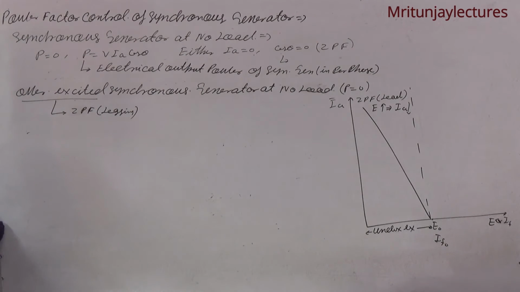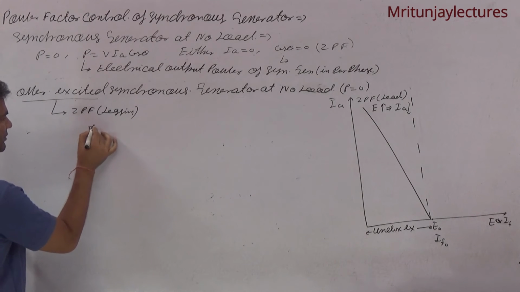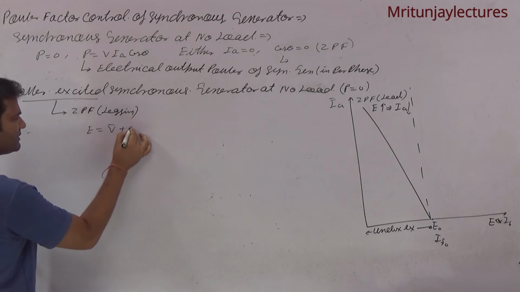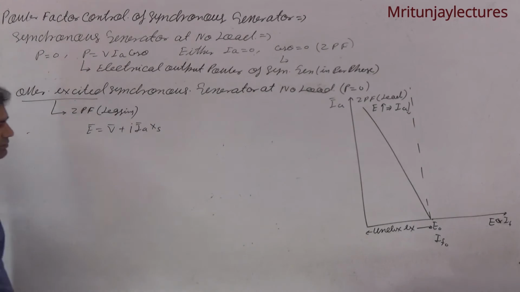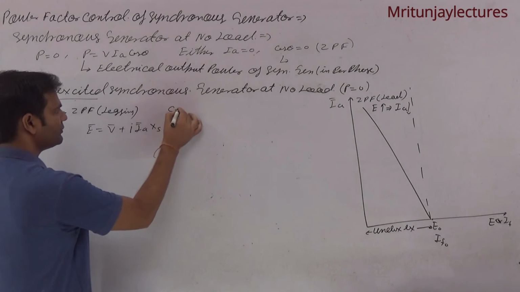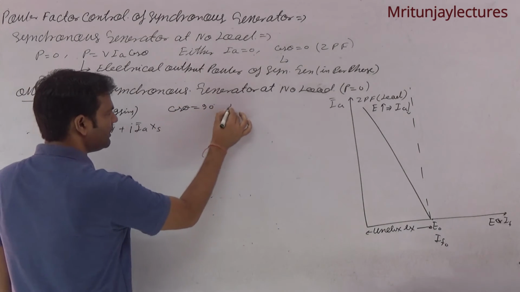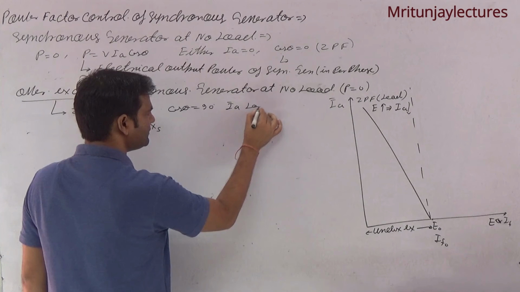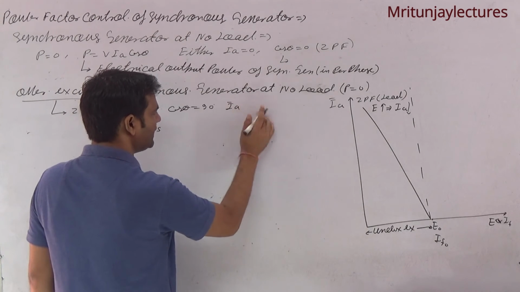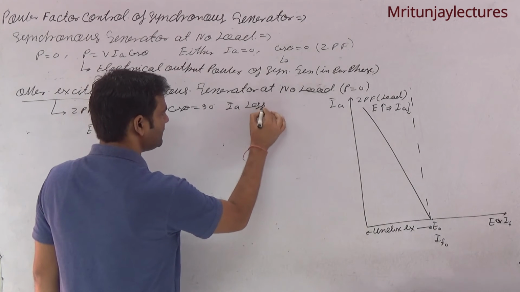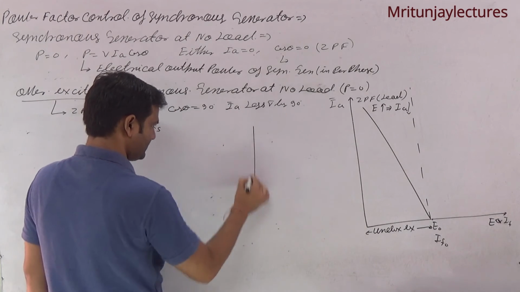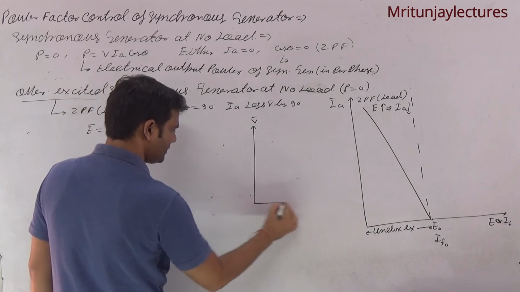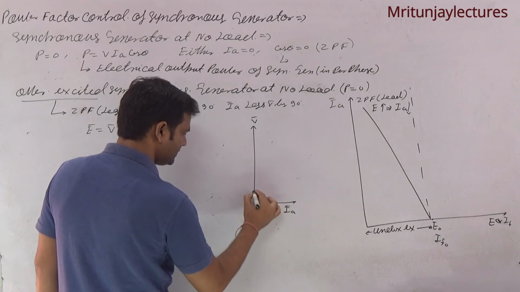Clear? Now E is equal to V plus jIA into XS. Now clear? How to make it? Cos theta is equal to 0, so theta is 90 degree. IA lags V by how much angle? 90 degree. So if this one is V, then what about I? Like this one.